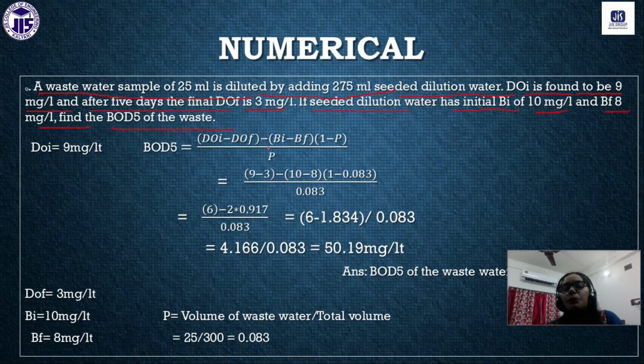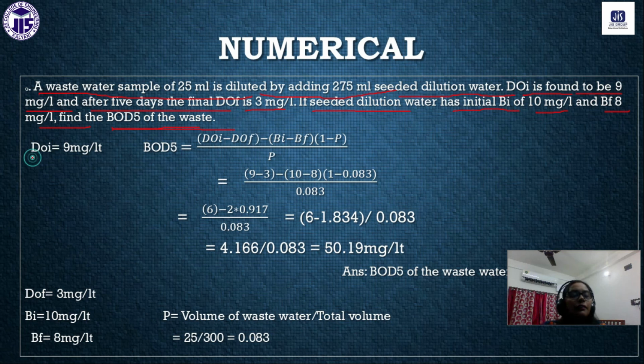Otherwise you cannot solve it properly. Understand? So here also look, for the wastewater sample we have the initial DO and final DO, and also the seeded dilution water. They have also given us the initial amount of the DO and final amount of the DO. So you have to find out the BOD 5.